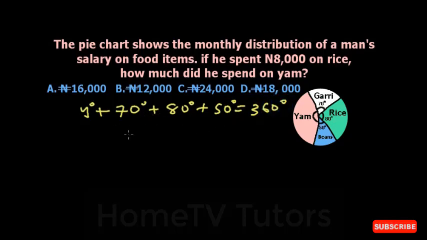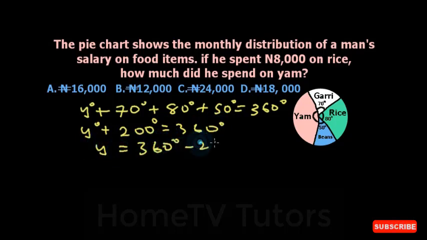Sum of angles in a circle. So we have 70 plus 80 plus 50 gives us 200 degrees. So y equals 360 minus 200 degrees, which gives us 160 degrees.